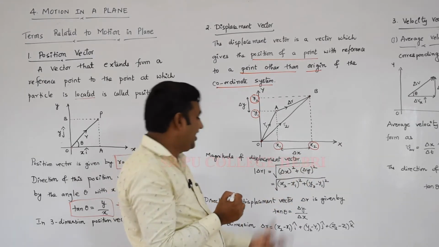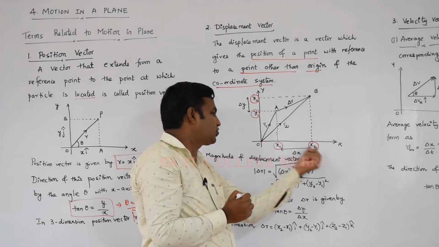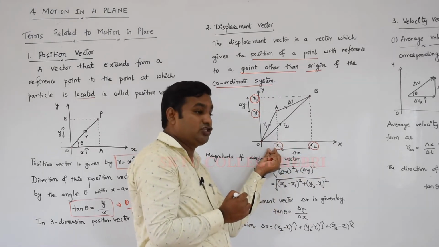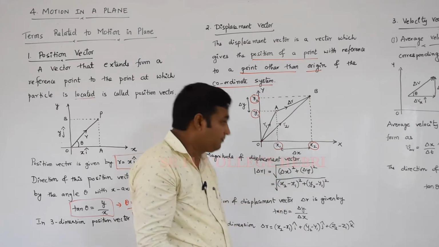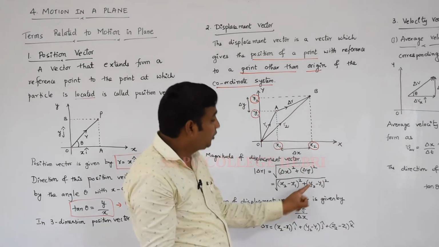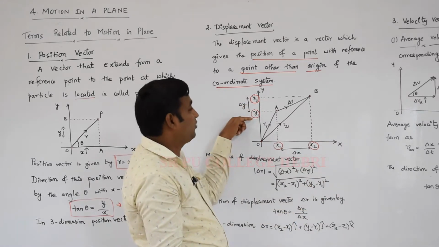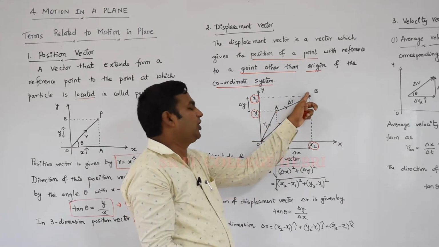That we can write as square root of, in place of delta x, x2 minus x1, the change in position along the x-axis, x2 minus x1 whole square. Similarly, delta y square we can take as y2 minus y1, where y1 is the initial position and y2 the final position along the y-axis.